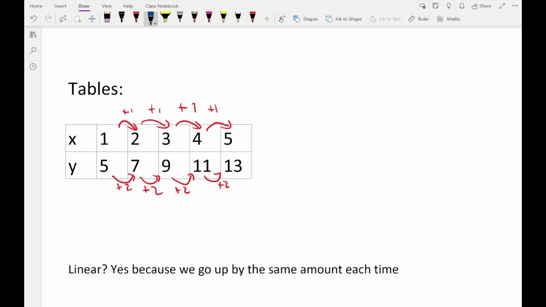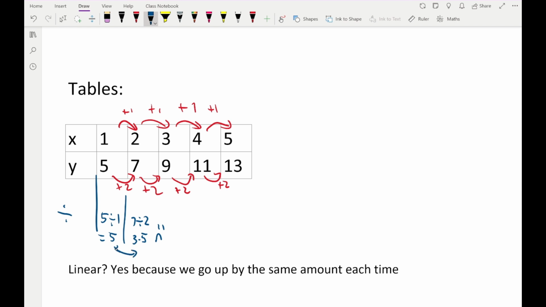So to do the test for directly proportional, you have to divide your two numbers. So 5 divided by 1 equals 5. Great. 7 divided by 2, uh-oh. Well, let's see. I think that is about 3.5. And we are very sad because those two numbers are different.